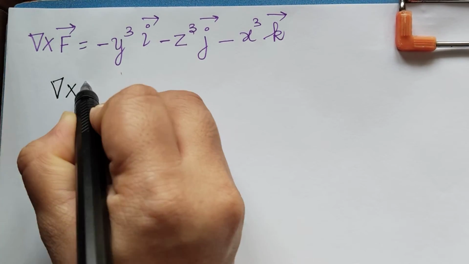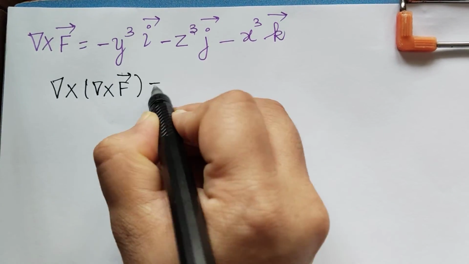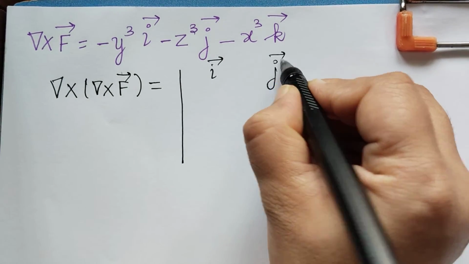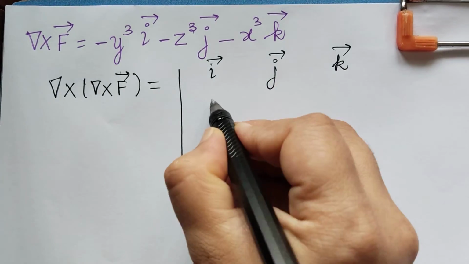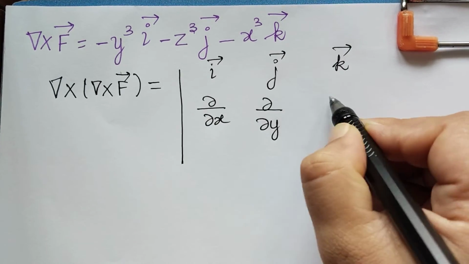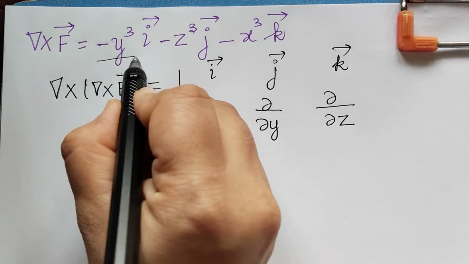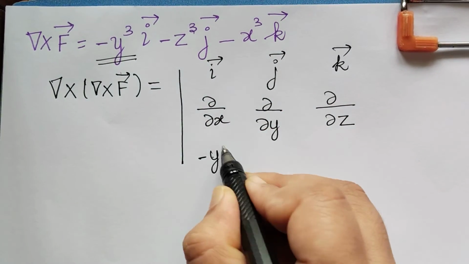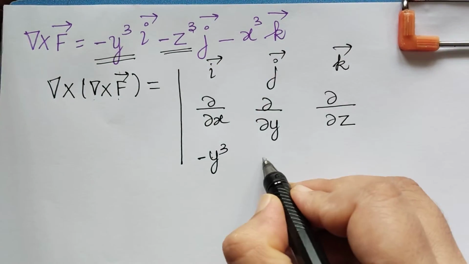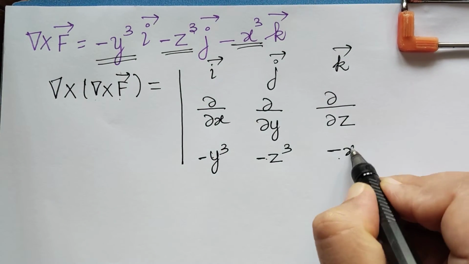Now using this we have to find nabla cross of nabla cross f vector, which is equal to the determinant of i vector, j vector, k vector, dou by dou x, dou by dou y, dou by dou z. And what should come here? The ith component, which is negative y cube, and here the jth component of nabla cross f vector, which is negative z cube, and here the kth component, which is negative x cube.